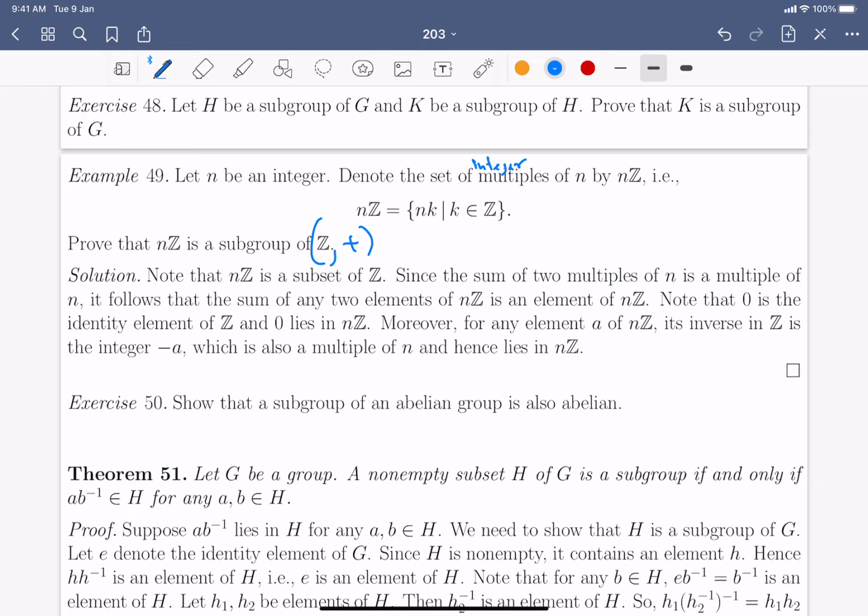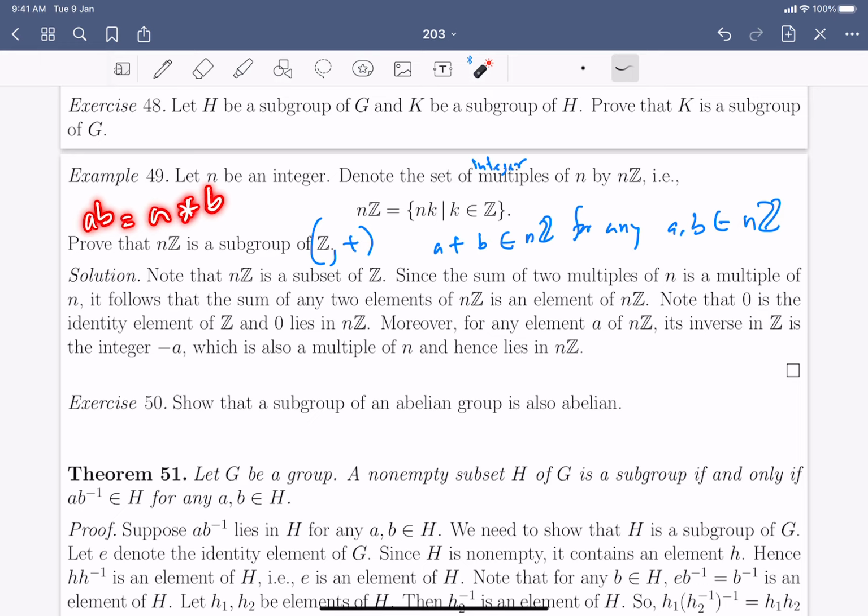So you have to show that A plus B lies inside nZ for any A, B inside nZ. So this stands for AB here. Recall that we decided to write AB for A star B, and star happens to be plus here, the addition.